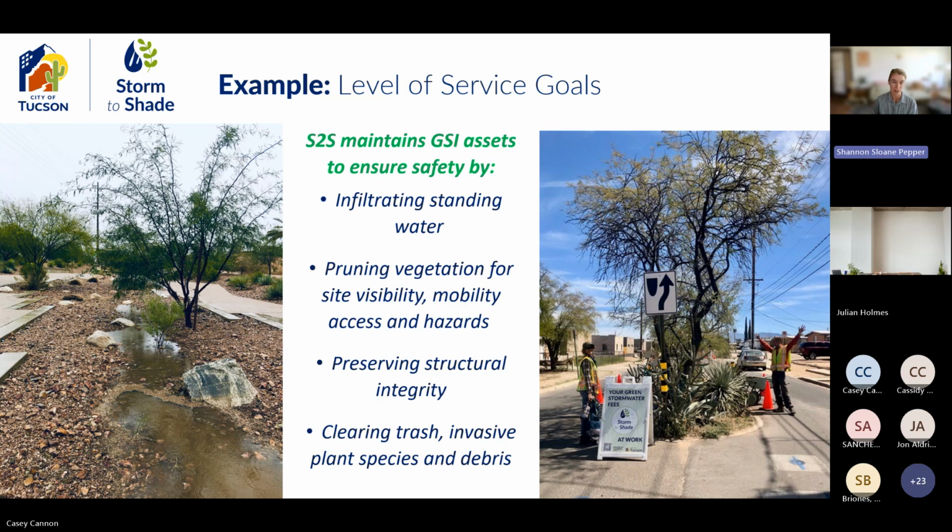That's how you know that your green infrastructure is functioning correctly. It's also going to prevent things like mosquito breeding in standing water, and it's probably going to attract less public attention if it's doing its job and infiltrating that stormwater within 24 hours. So just something to think about as you think about your level of service goals. Next slide.